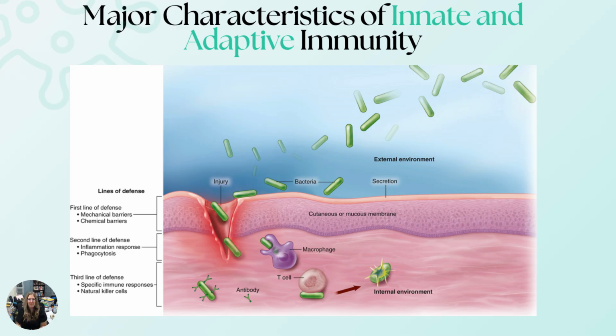Again, first line of defense is that mechanical, mucosal. There's an injury, it's breaking down that first. Second line of defense, those cytokines get involved, those neutrophils, phagocytosis. Your innate immunity is trying its best to take care of your body, right? And get rid of that foreign invader.